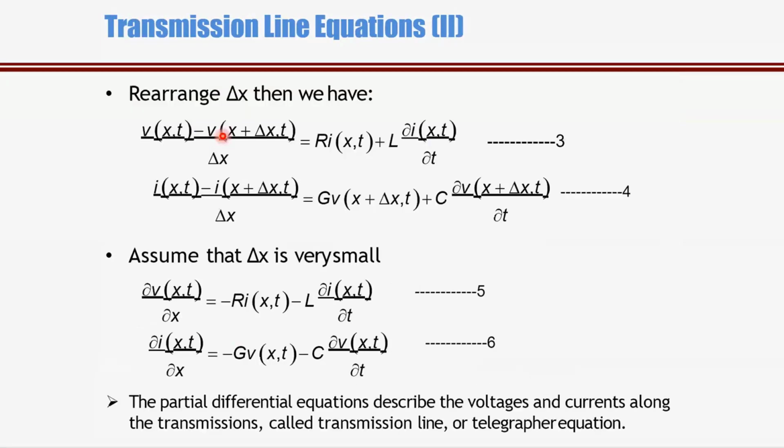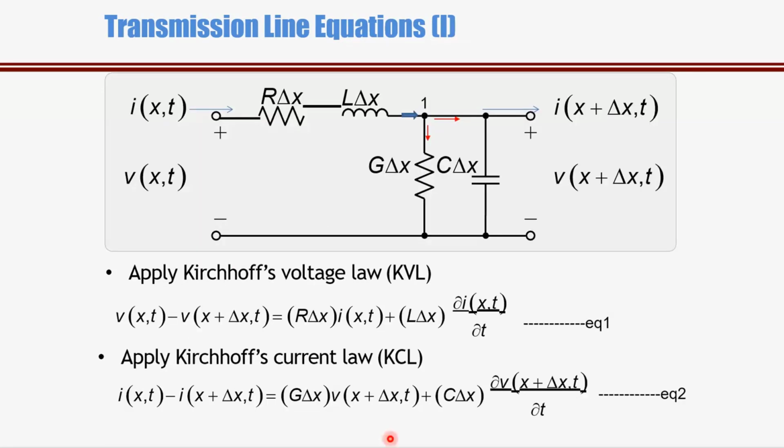Okay, so we got equation number 3 as V of x,t minus V of x plus delta x comma t, whole divided by delta x, is equal to R I of x,t plus L dou I of x,t by dou t. Rearrange it for delta x. Similarly, we can write equation number 2 as I of x,t minus I of x plus delta x comma t, whole divided by delta x is equal to, what is the right hand side?